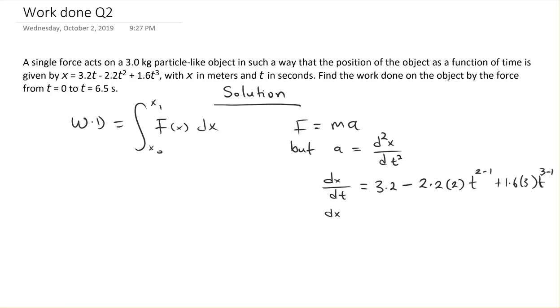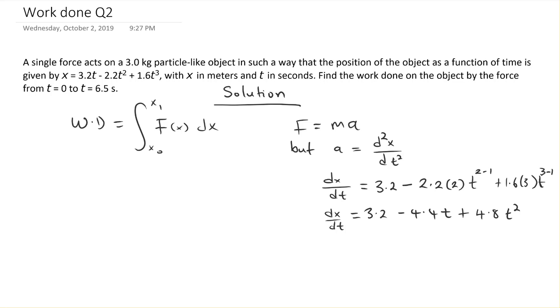Therefore, dx/dt is equal to 3.2 minus 4.4t plus, this will give me 4.8t squared.